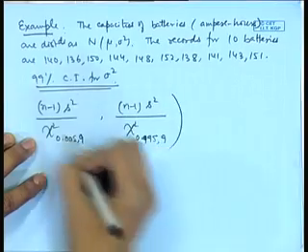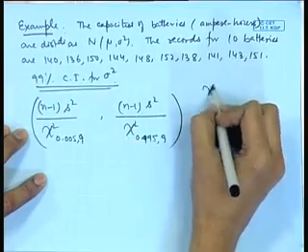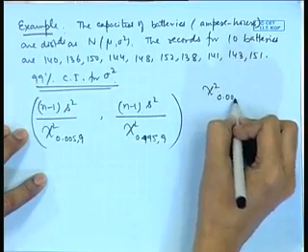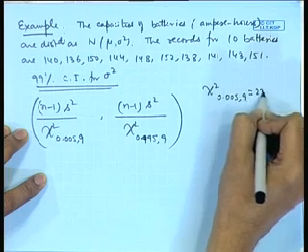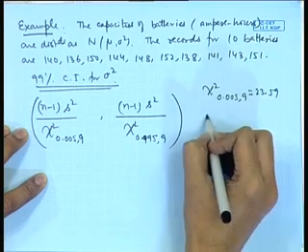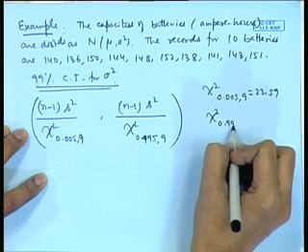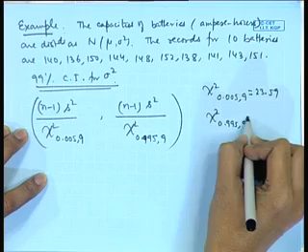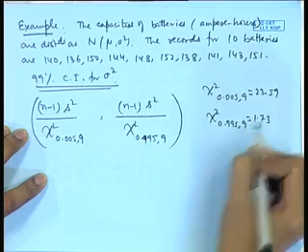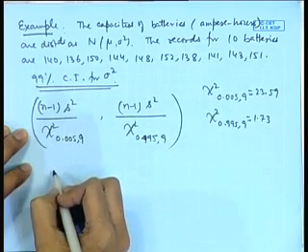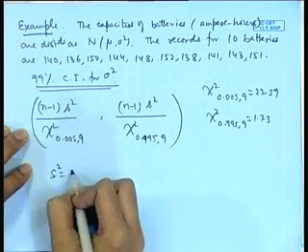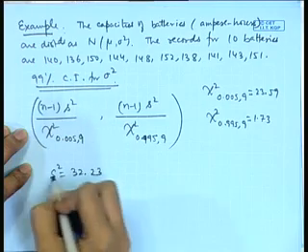These values we see from the tables of the chi square distribution: chi square 0.005 on 9 degrees of freedom is 23.59 and chi square 0.995 on 9 degrees of freedom is 1.73. So, s square we calculate here, it is turning out to be 32.23.